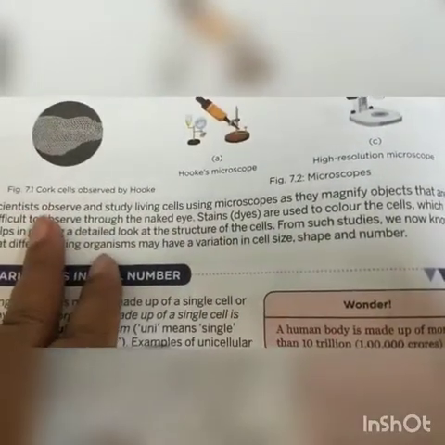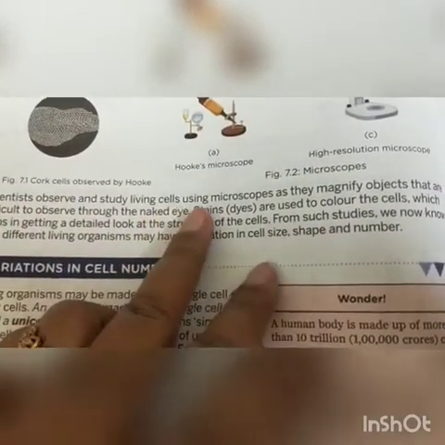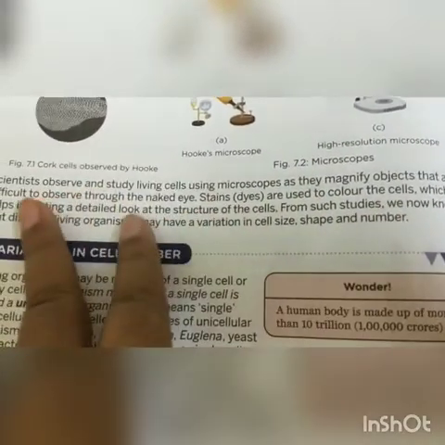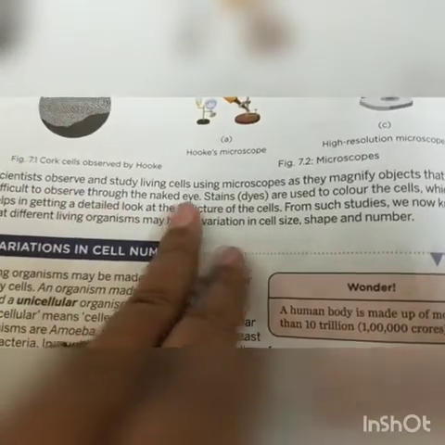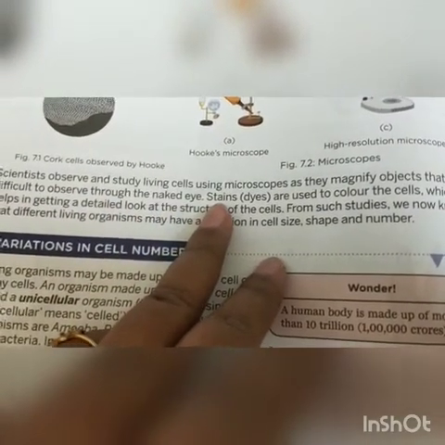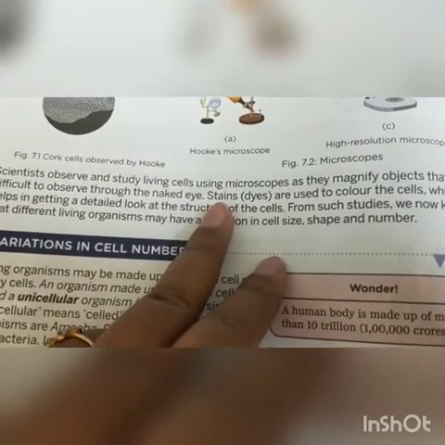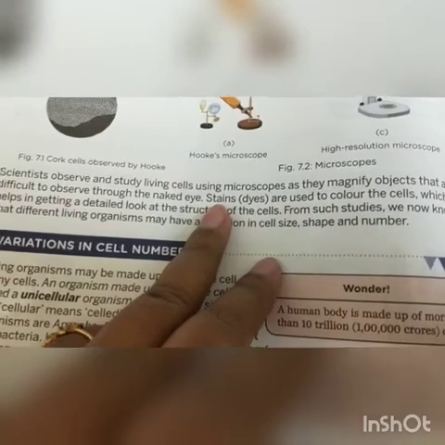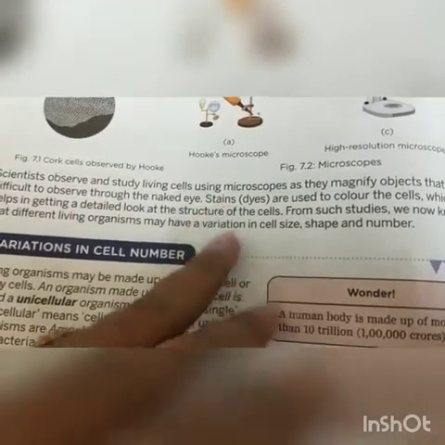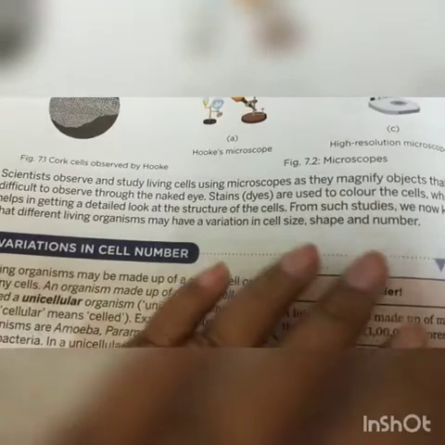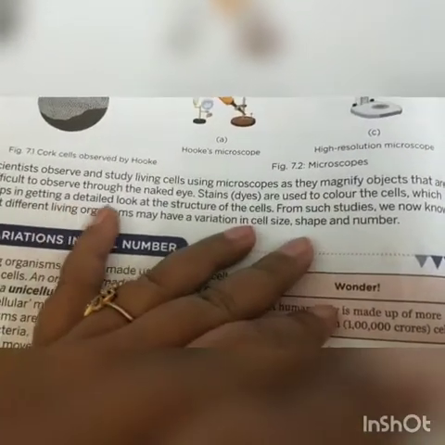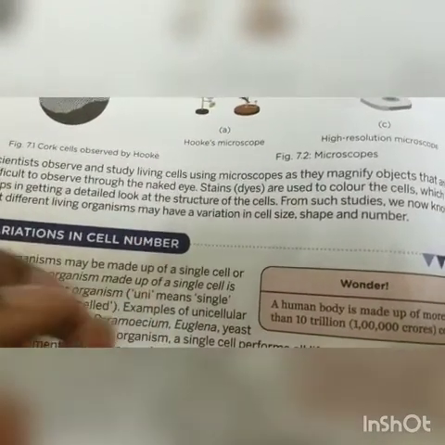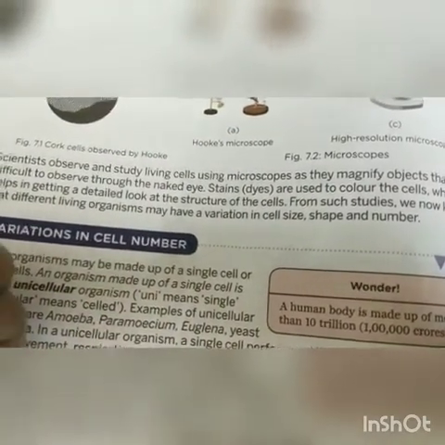Now, scientists observe and study living cells using a microscope, as it magnifies objects that are difficult to observe through the naked eye. So when they keep things under the microscope, the objects are magnified. It means whatever small unit we cannot see with the naked eye, we can see under the microscope.